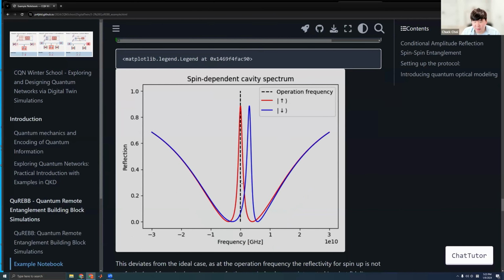And if you're setting our optical frequency here, when the spin is up, we have a higher reflection coefficient, and the photon is mostly reflected. And if we are in the spin down state, then it's going to give almost 0 reflection.